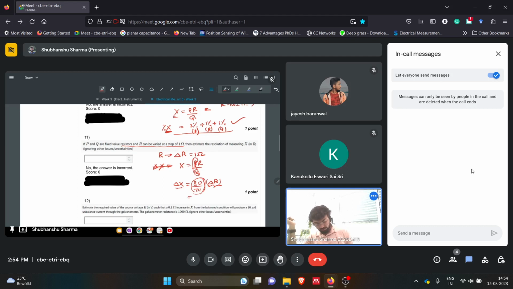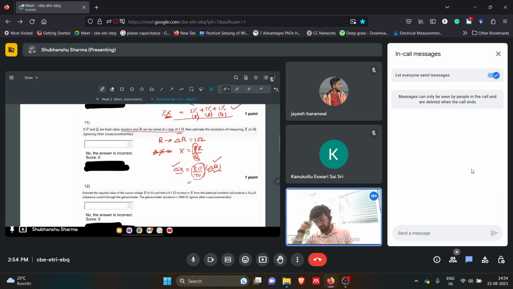So it is simple. Delta R is being changed in steps of 1 ohm. If we substitute that here, we will get the change delta X. So this question is also okay. We'll get the resolution of X, that means the least value X can change by.